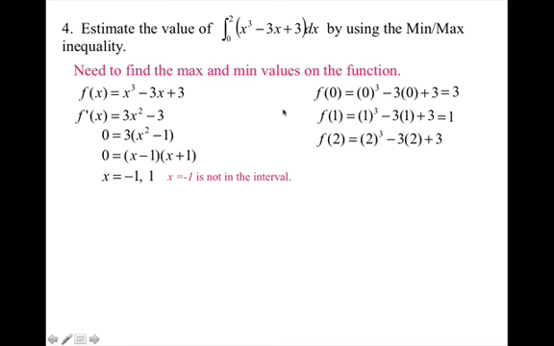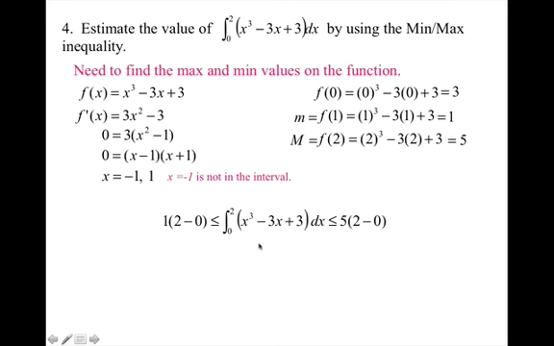And then I test 2 to get 5. So my absolute min is at x equals 1, and the actual minimum value is 1. And my absolute max is at x equals 2, so the max I'm going to use is 5. That means little m equals 1, big M equals 5.